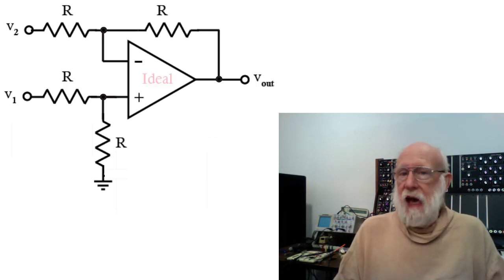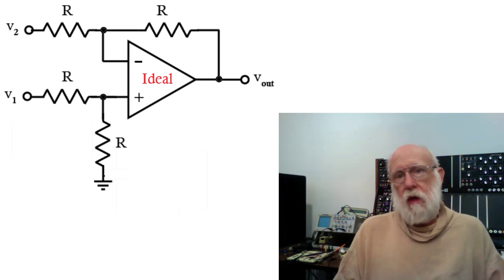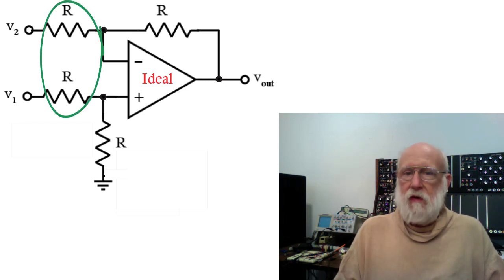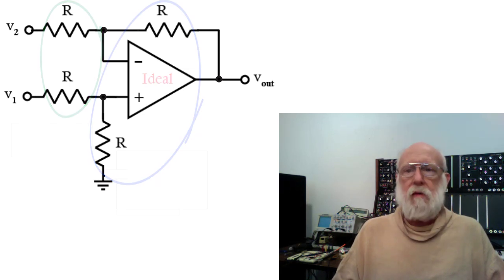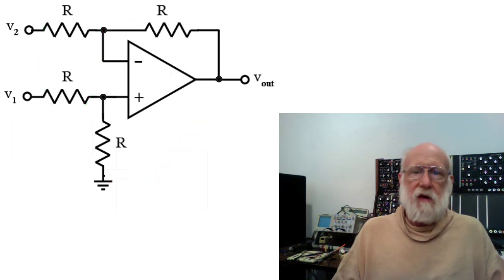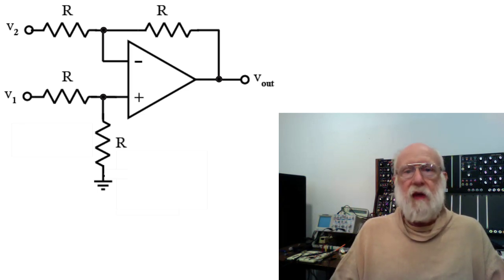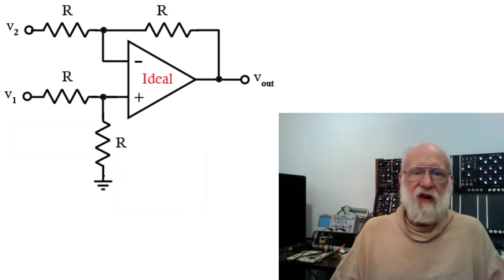If you had an ideal op-amp, which of course you don't, and if the two pairs of resistors were perfectly matched, which they're not going to be, then your common mode rejection ratio would be really high, hopefully infinite. But let's for the moment assume that the op-amp is ideal, so it has an infinite common mode rejection ratio just on its own.